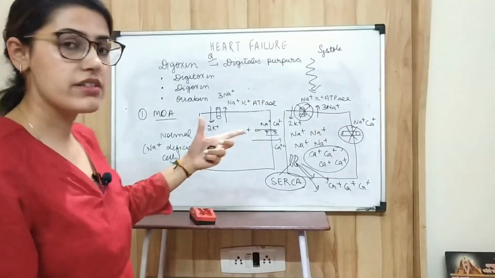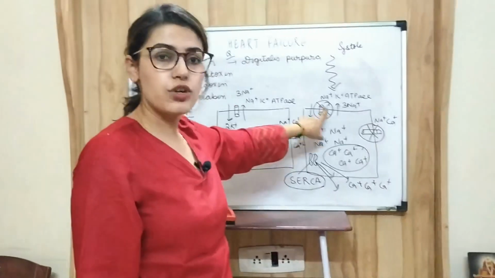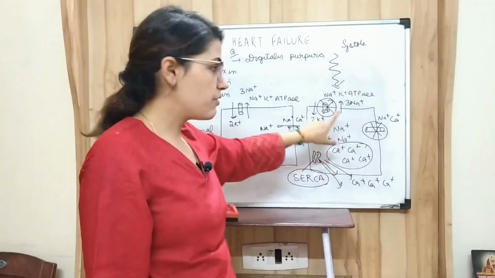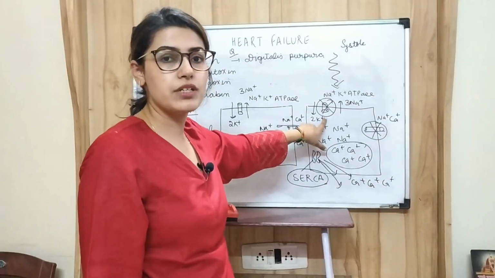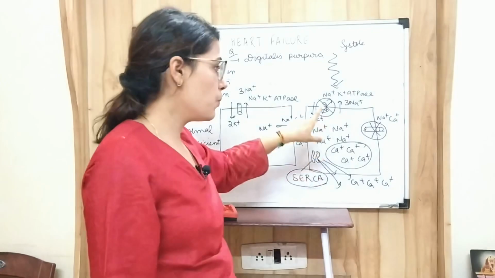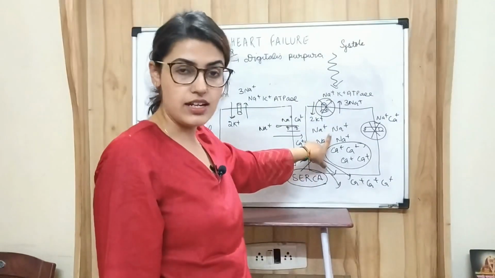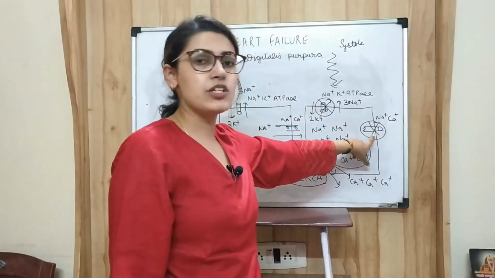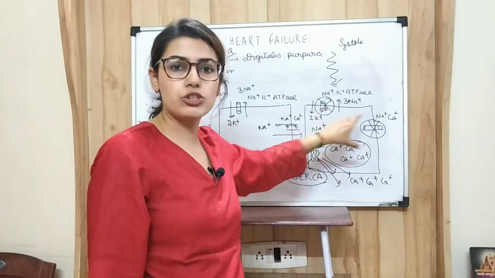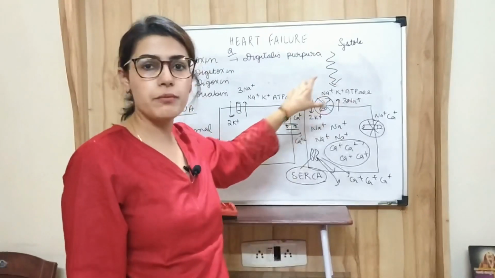Now I will repeat myself. The site of action for digoxin is the sodium potassium ATPase enzyme. Whenever this enzyme is inhibited, there is too much sodium inside the cell. When the sodium is inside the cell, it further inhibits the sodium calcium exchanger, because now there will be no calcium going out or sodium coming in.